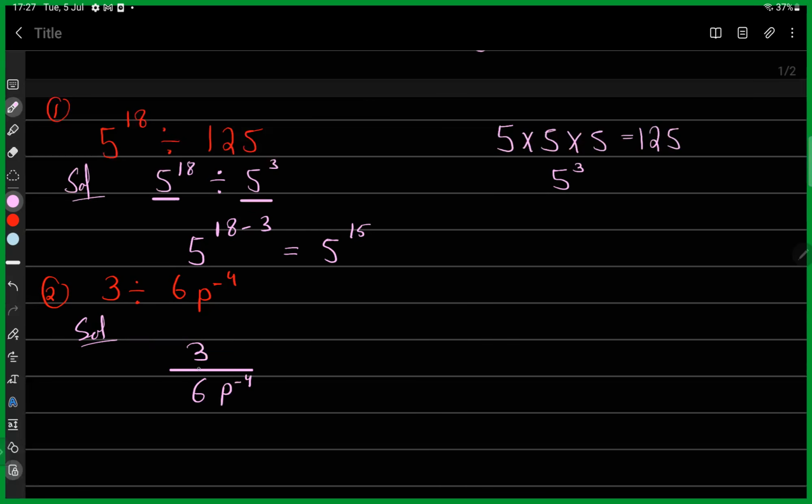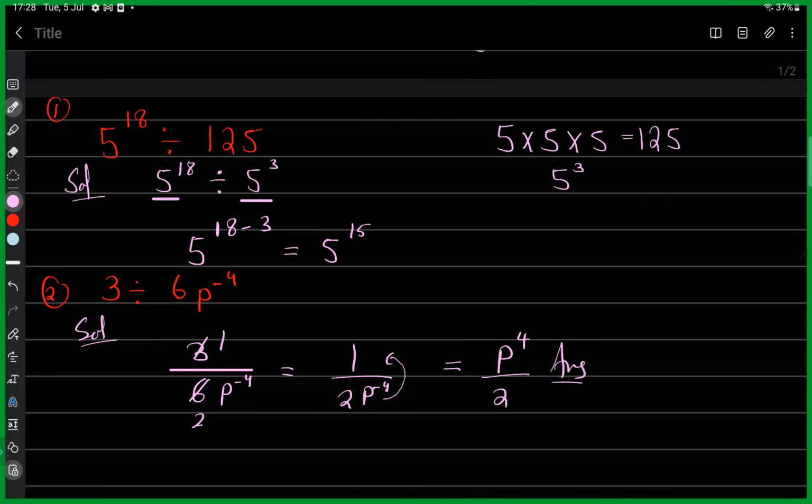I can cancel 3 and 6. It's 1 times and it's 2 times. Now I have 1 divided by 2 multiplied by p power minus 4. I need to simplify, so I'll just take this to the numerator just so I have p with the positive power and I would be able to write it as p power positive 4 divided by 2. This is going to be the answer.